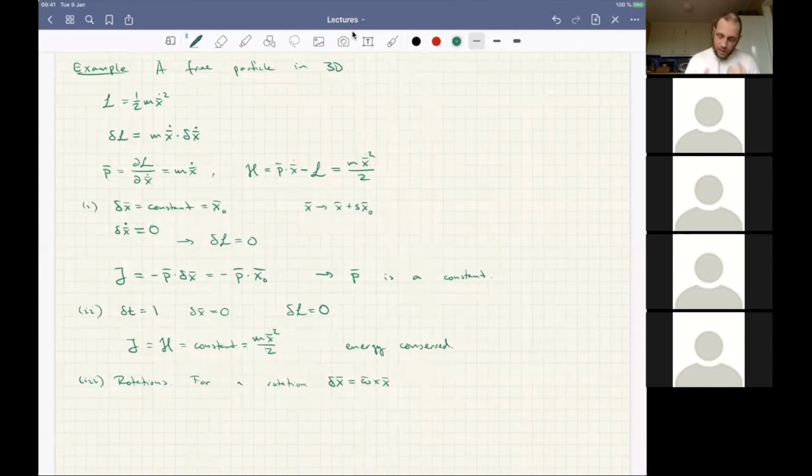And if we compute delta X dot here, well, omega is constant, so we get omega cross X dot.